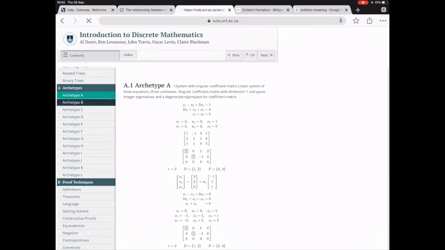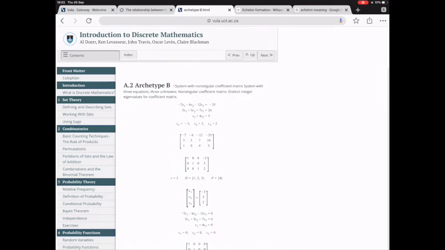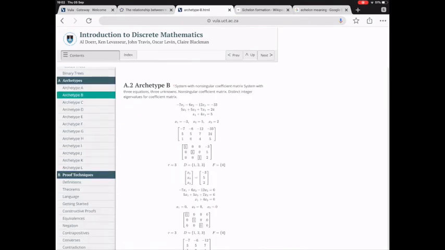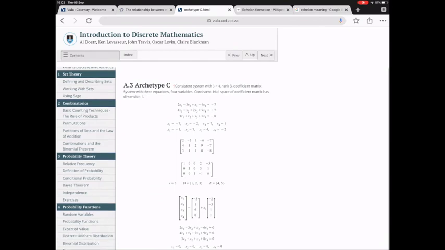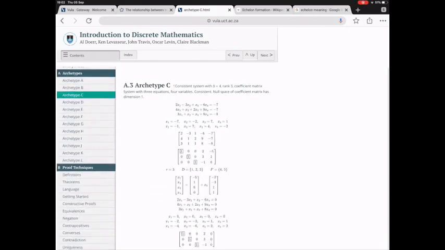So we've already seen archetype B and A. You can look at C. So you can use these, practice row reducing, and see that you get the right answers.